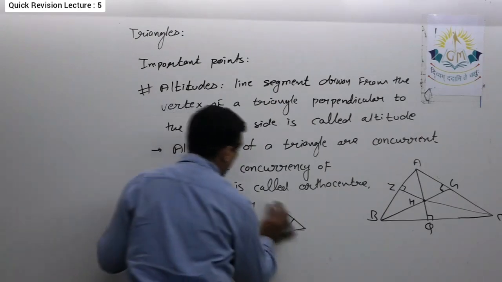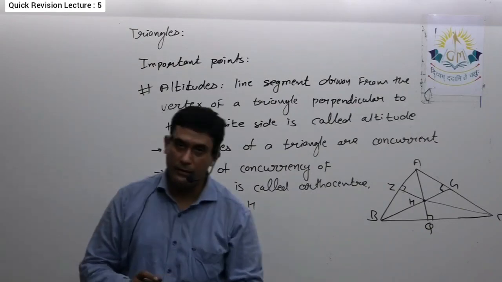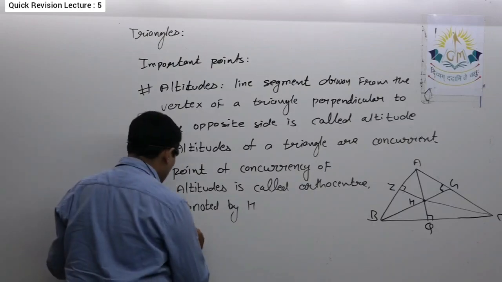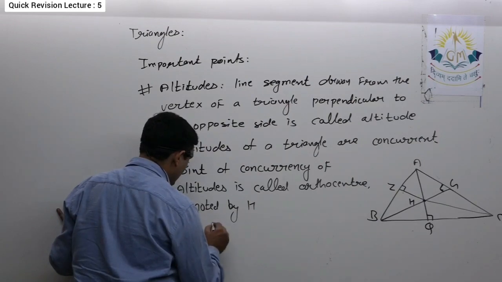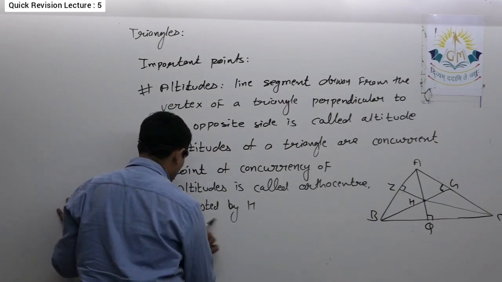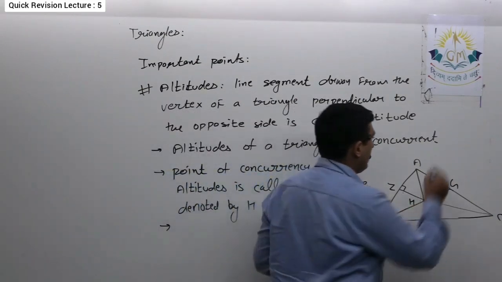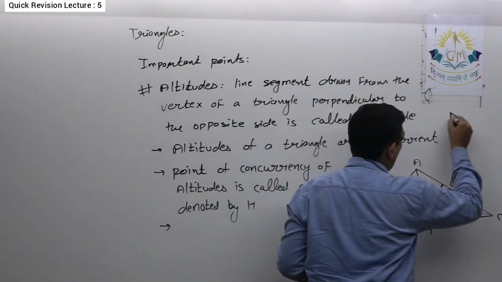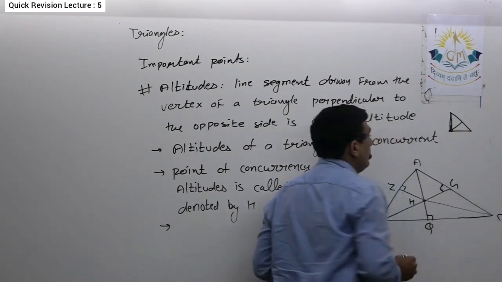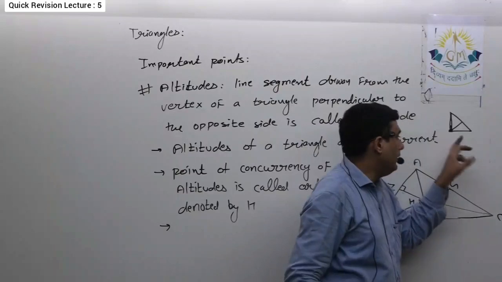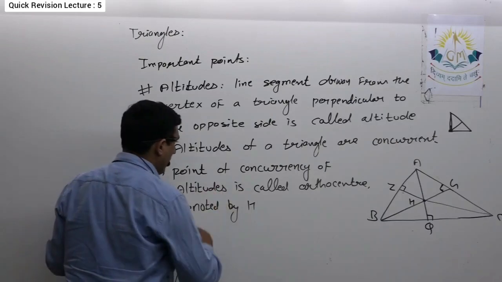Now, we saw the centroid always lies inside the triangle. About the orthocenter: in an acute angle triangle, the orthocenter lies inside the triangle. In a right angle triangle, the orthocenter is at the vertex of the right angle. And in an obtuse angle triangle, the orthocenter lies outside the triangle.